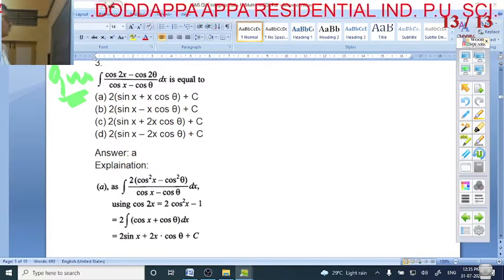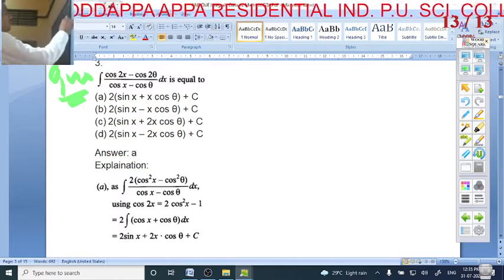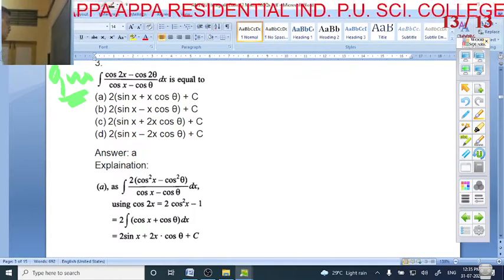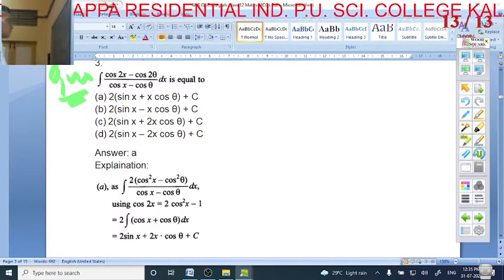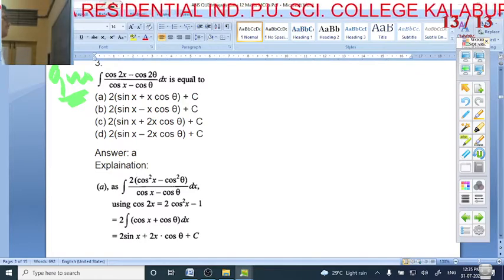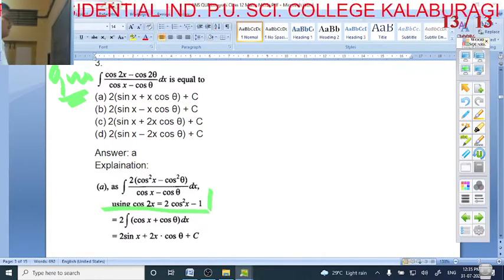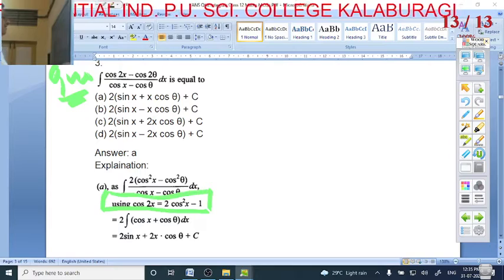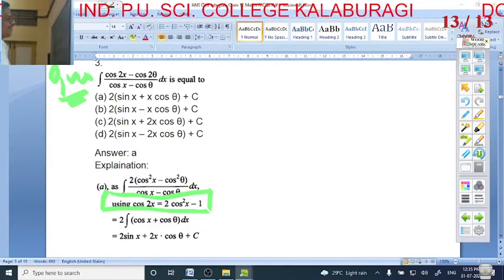Here you know the integration of cos 2x minus cos 2 theta divided by cos x minus cos theta. This is the formula that you already know very well from trigonometry.